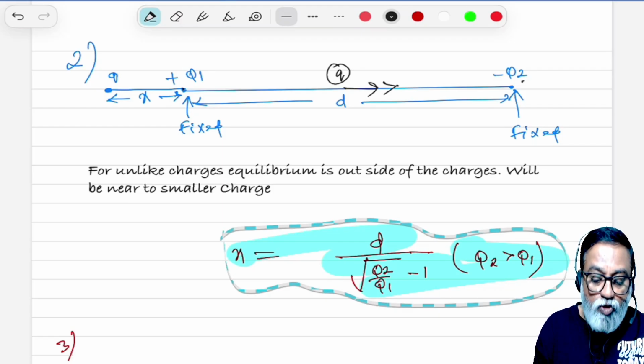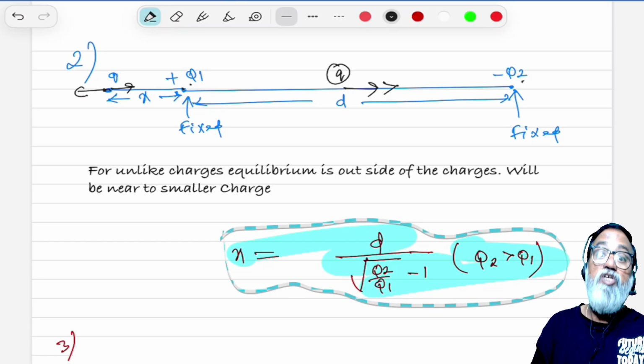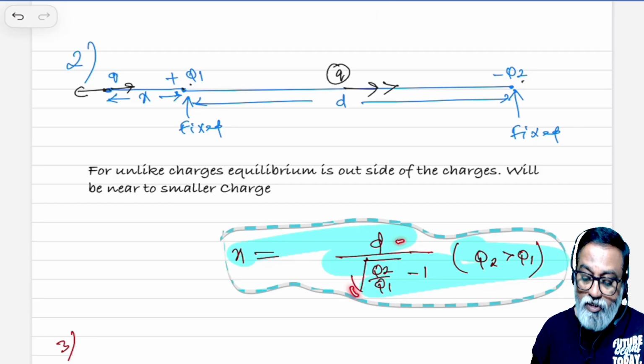If you take it outside of the charges, this positive charge repels in this direction, this negative charge attracts in this direction, therefore net force is 0. Therefore, for unlike charges, the third charge should be placed outside of the charges along the line joining the charges. That is important. At a distance x, x is equal to d by square root of q2 by q1 minus 1.